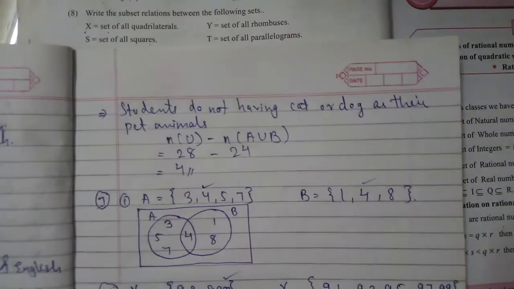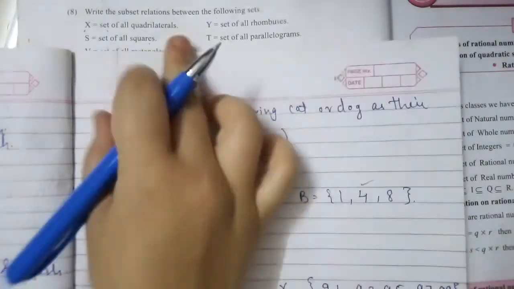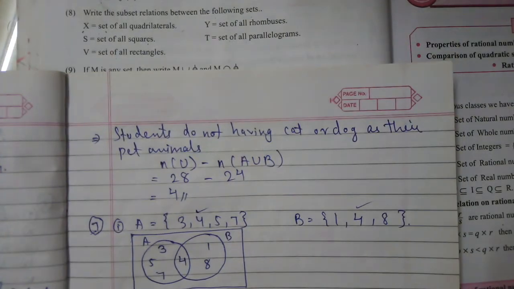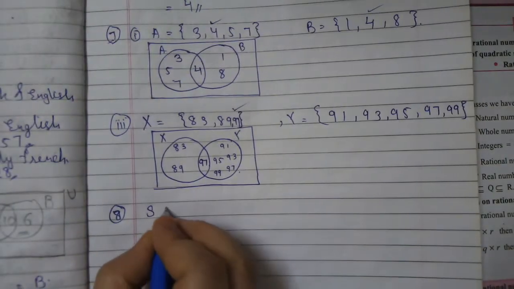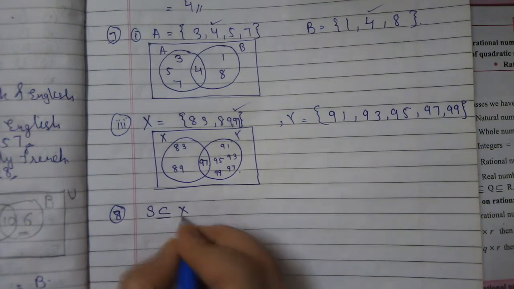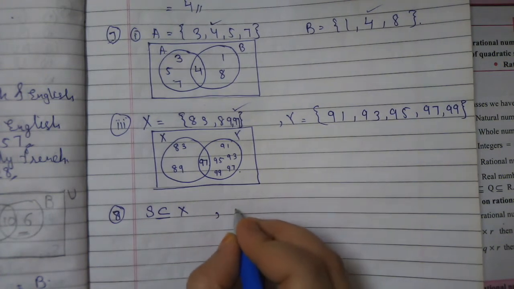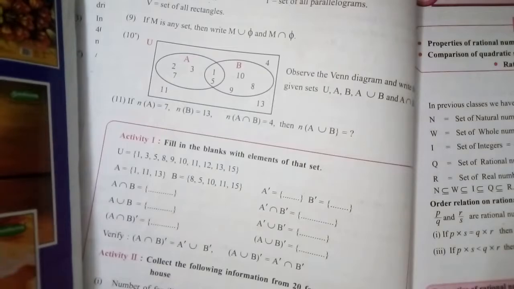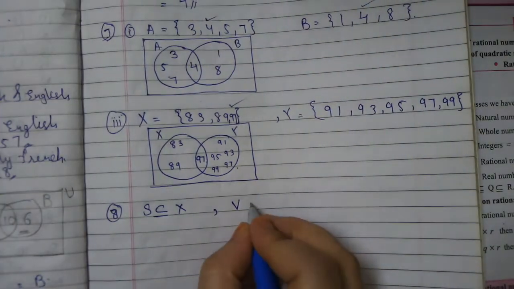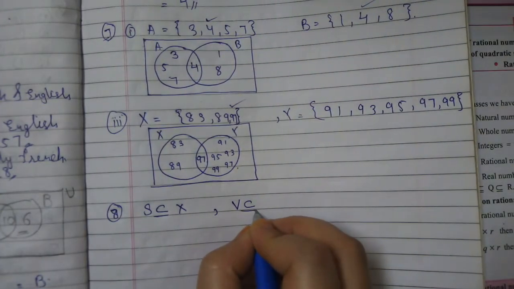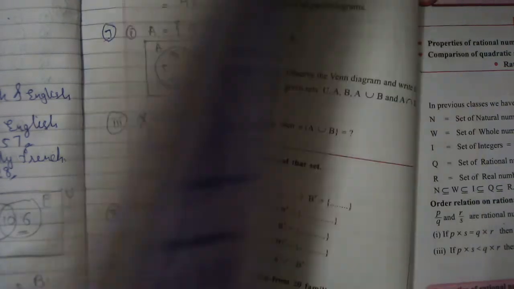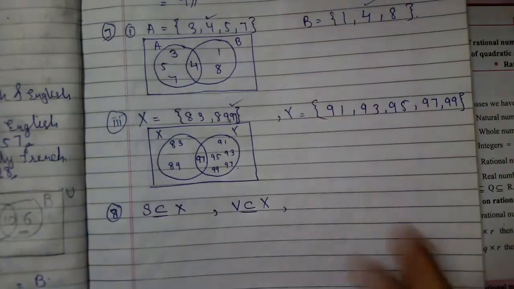So here S is the set of all squares. So S will be a subset of X, and next we can write V. V is the symbol for the set of all rectangles, so V can be a subset of X for quadrilaterals.